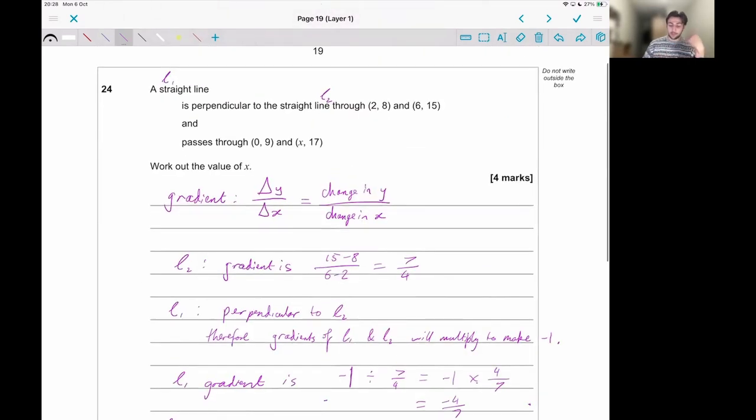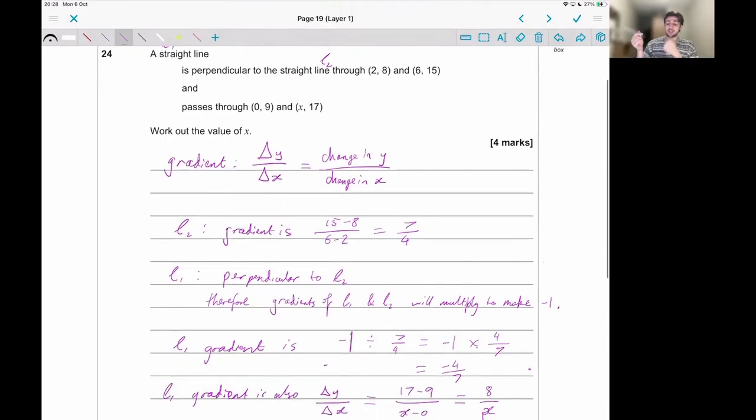So to summarize, what did we do? We were told that we had two perpendicular straight lines. We were told that one line passes through these 2 points and one line passes through these 2 points. We worked out the gradient of the line that we knew both points on. We then worked out the gradient of the other line because perpendicular lines, the gradients multiply to make minus 1.